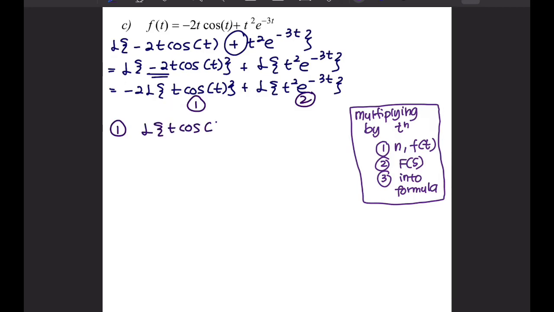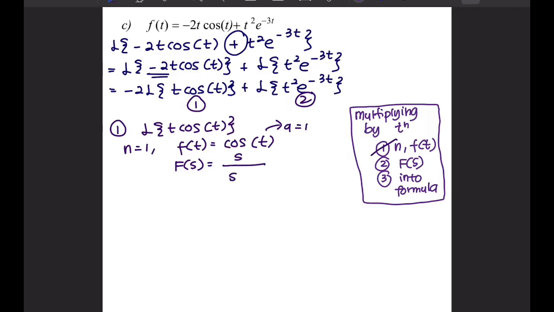Okay, Laplace of t cos t. So first step we find n equals 1, f(t) equals cos t, so a equals 1, and then find F(s) equals s over s squared plus 1 squared. 1 squared is 1.